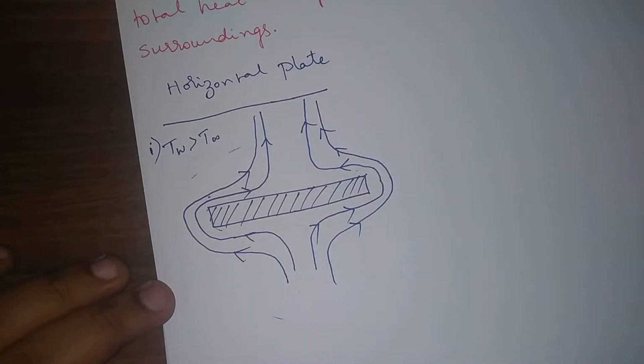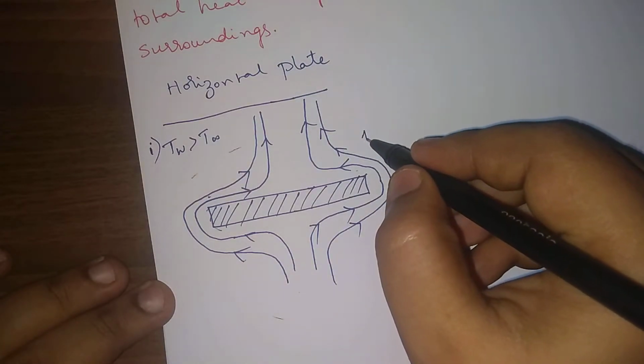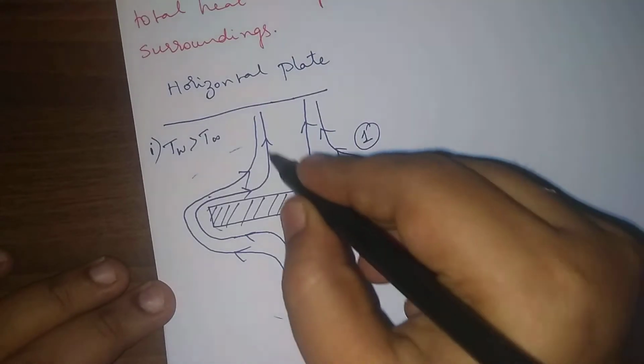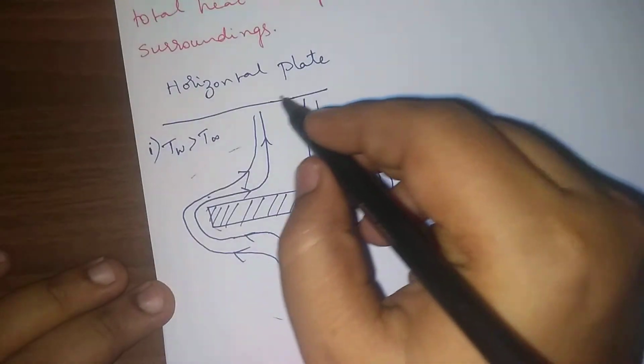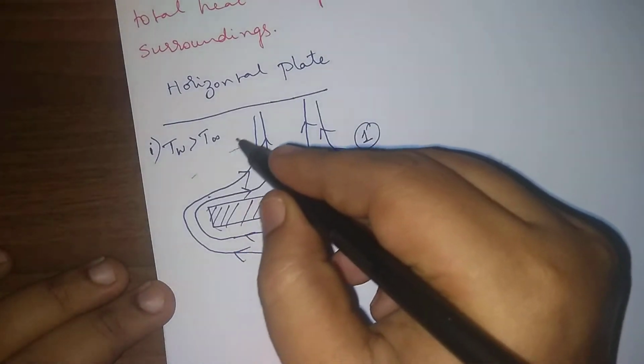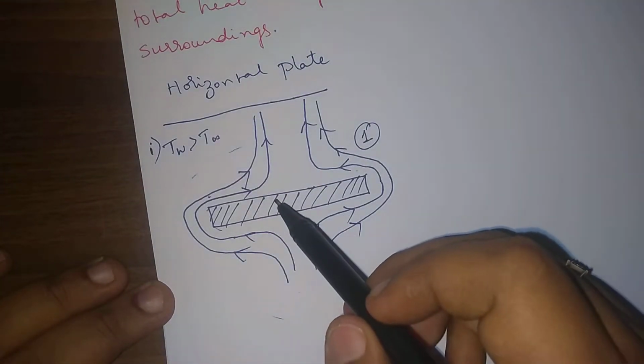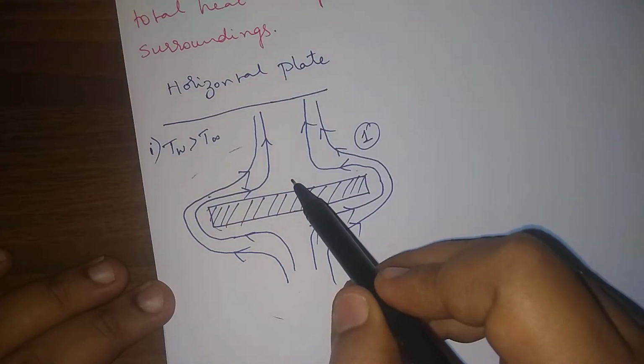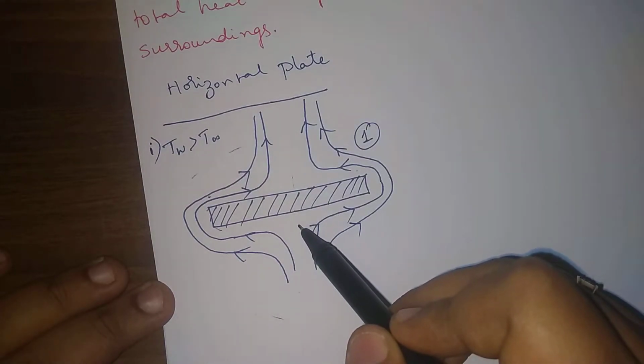Now if you observe here, let us try to name it as this side. That means if you want to calculate the heat transfer coefficient on this side, as I told you, h top is different from h bottom.